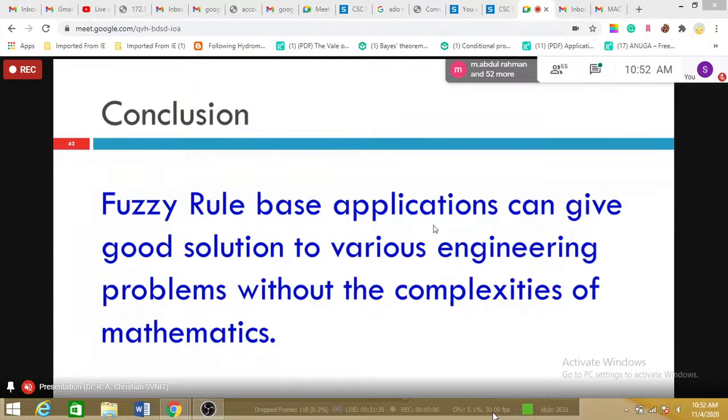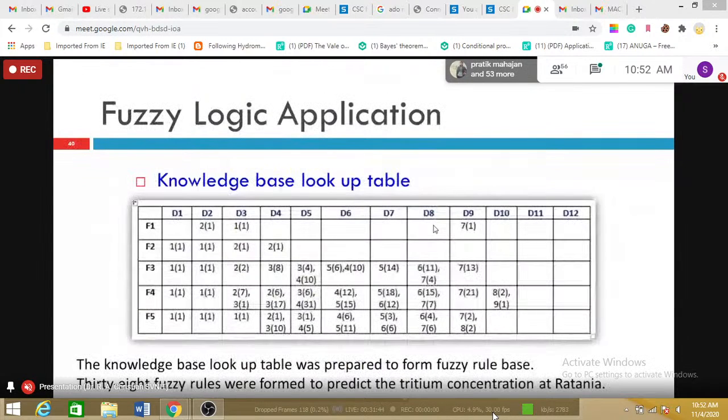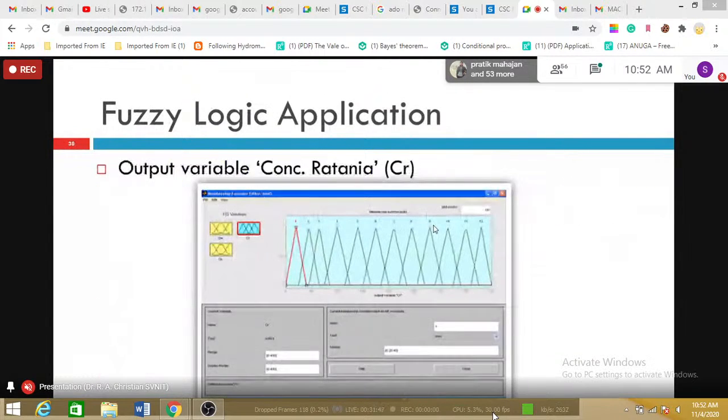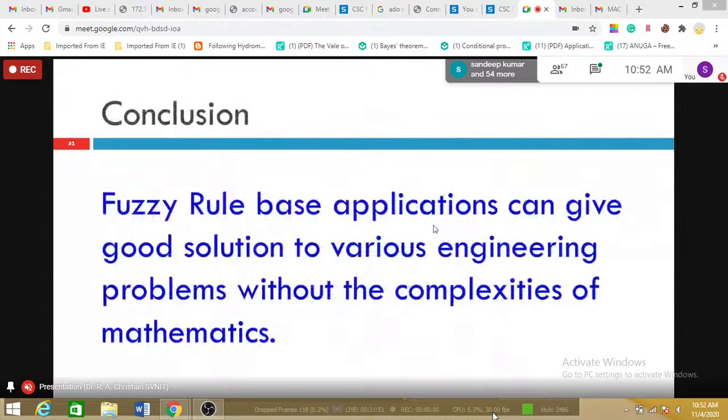Of course, recently one of the students got a PhD when she worked with this problem of Kakrapar atomic power station. Later on, we were awarded a second project by the Department of Atomic Energy, where the near field concentration of tritium was to be modeled.